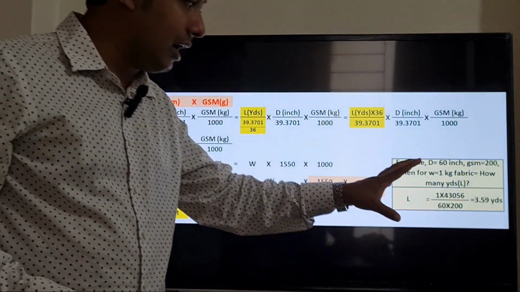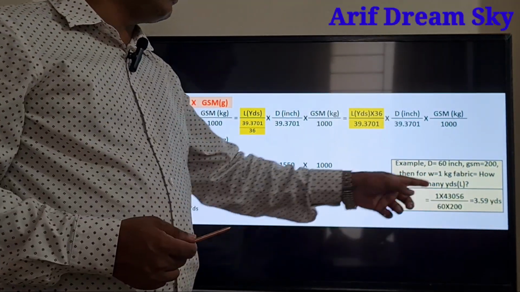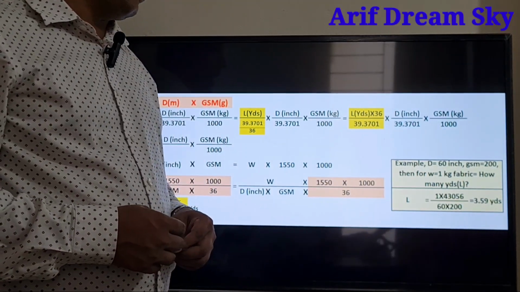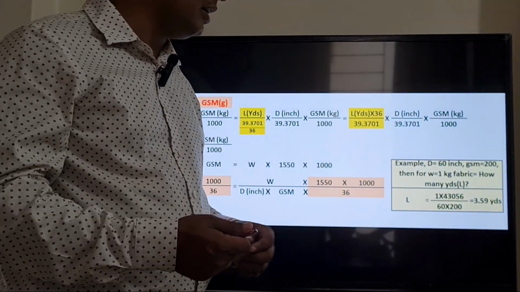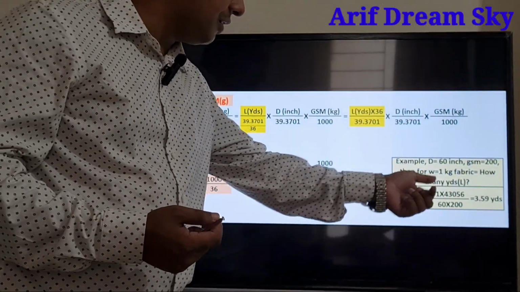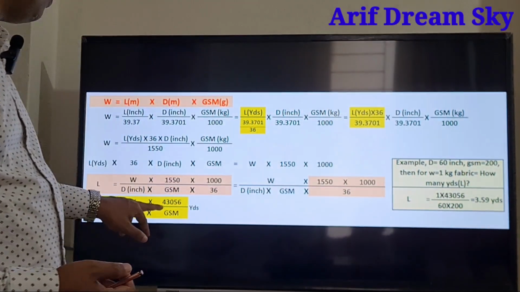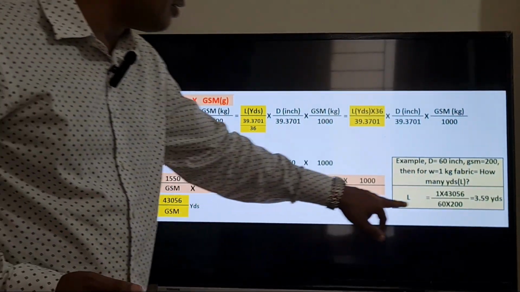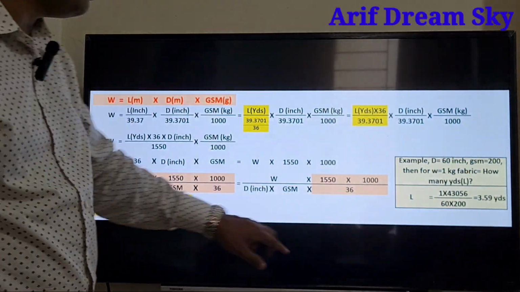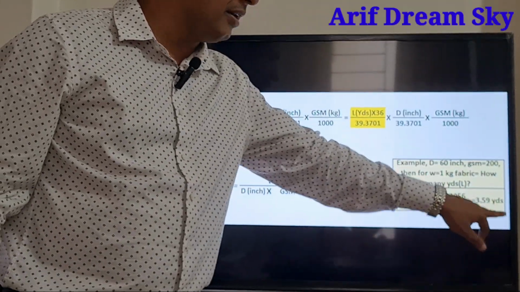Here is one example for easy understanding: if the fabric dia is 60 inch and the fabric GSM is 200, and we want to identify how many yards for 1 kg of that fabric, then W equals 1, with 43,056 and dia 60 and GSM 200. That means we will get 3.59 yards.